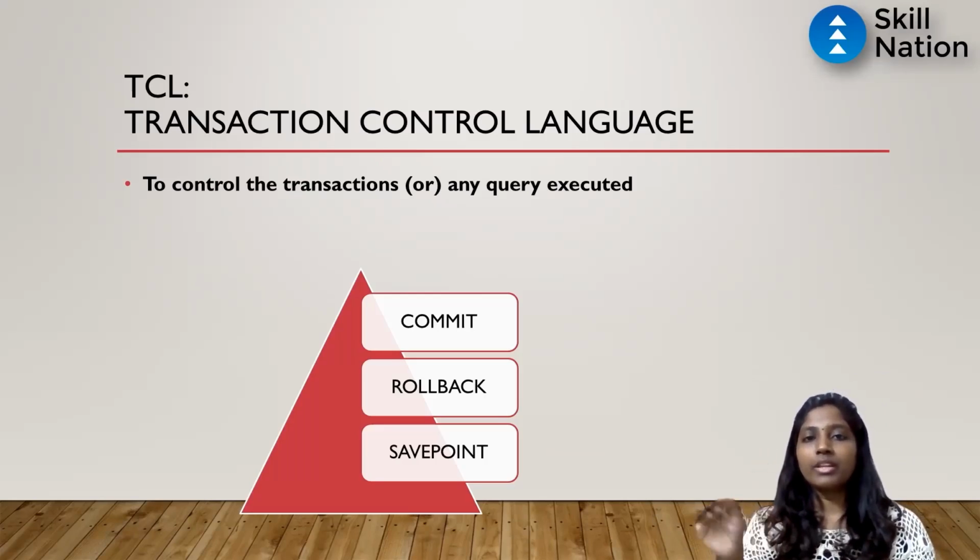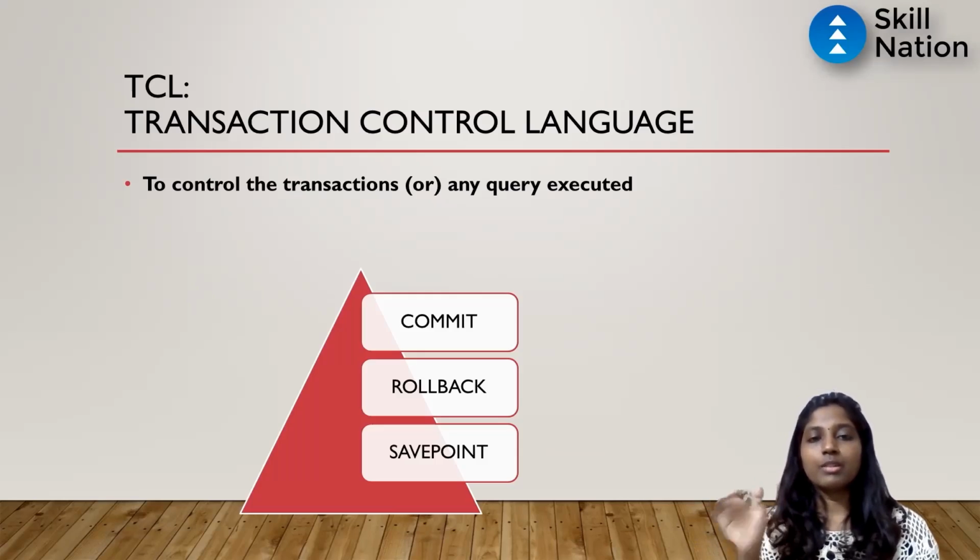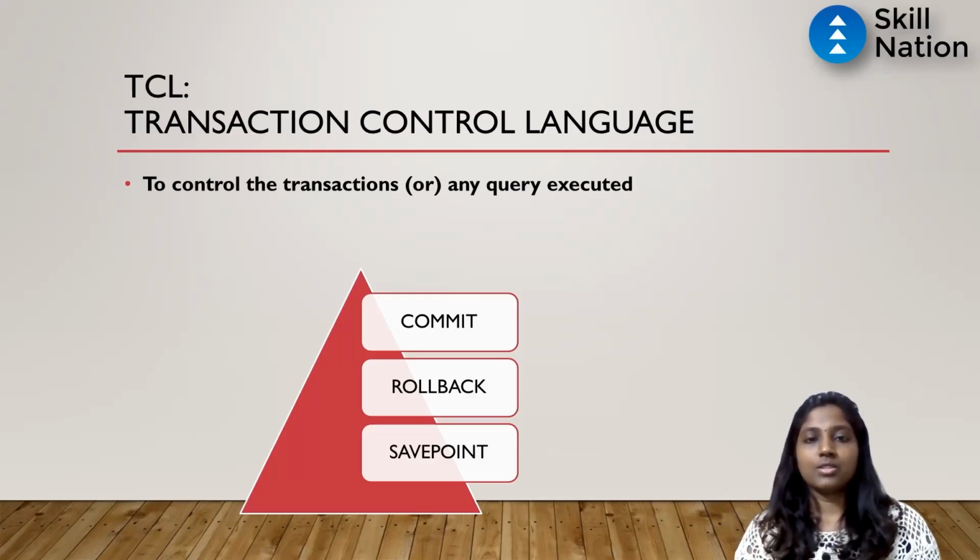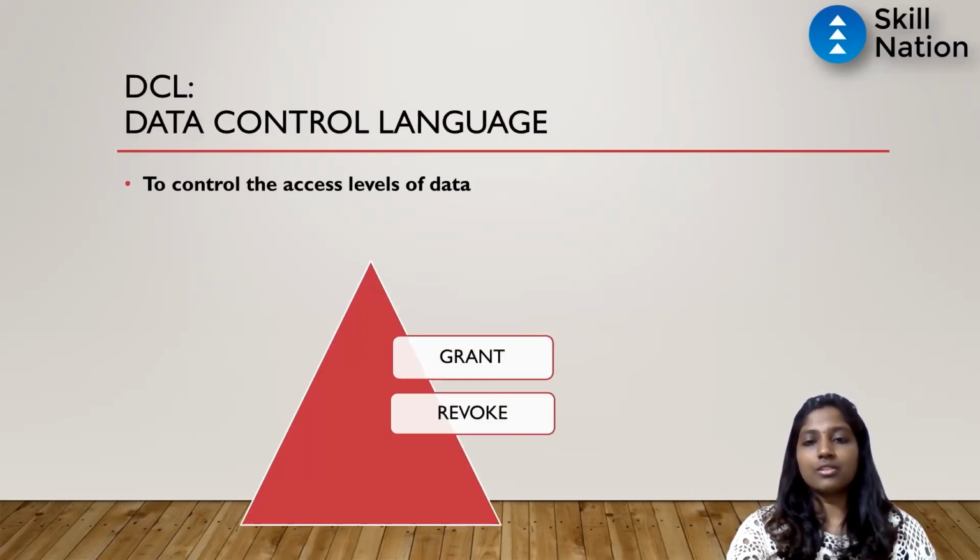If you want to save from this particular point to this particular point, whenever you give a savepoint in the code, it will capture all the transactions happening as part of the code. So commit, rollback, and savepoint. To control the transactions or any query executed, we use TCL, transaction control language.